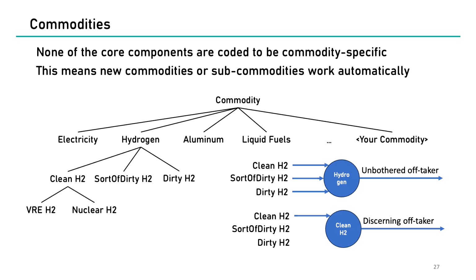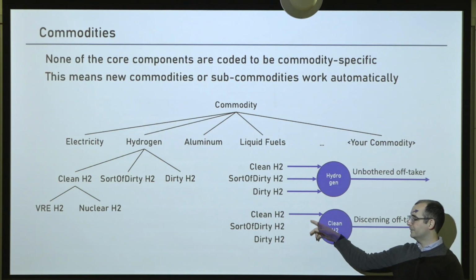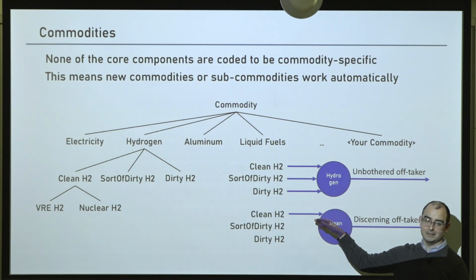If this node was a hydrogen node, then because it's at the top of the tree, it would happily accept and mix any of its sub-commodities. So clean hydrogen, sort of dirty hydrogen, and all of them would go off to an off-taker who doesn't care about the emissions intensity. If you created a clean hydrogen sub-commodity and made the node that, then if I connected all of them, it would only accept clean hydrogen.